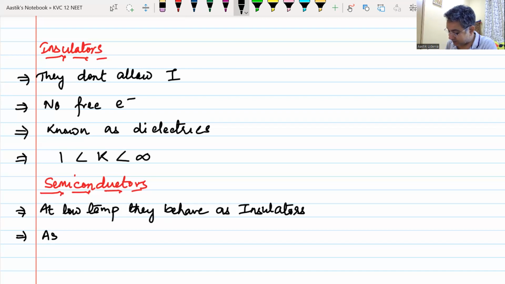As temperature rises, they can conduct current.